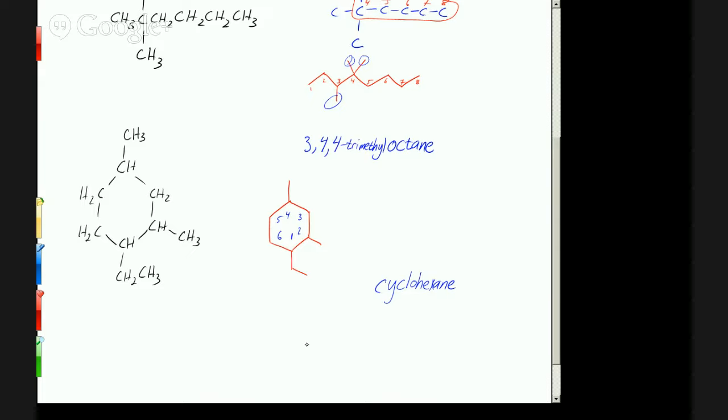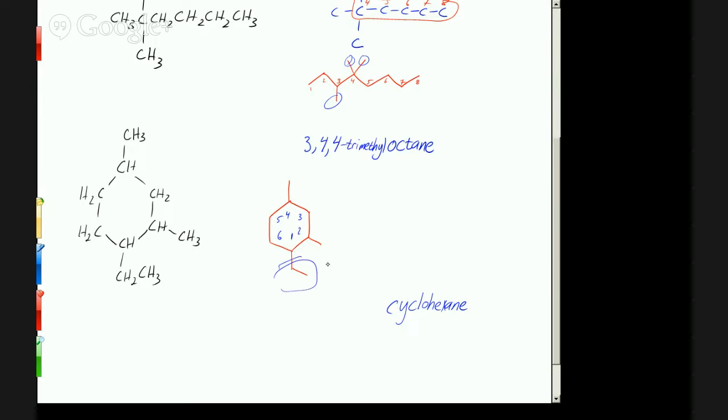All right. It's worth a point out of 2, but it's wrong. Okay, let me move this out of the way a little bit so I have some room. Okay. That means that we're going to have an ethyl at 1.